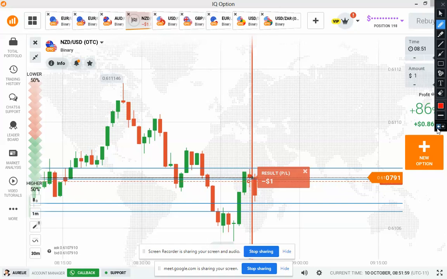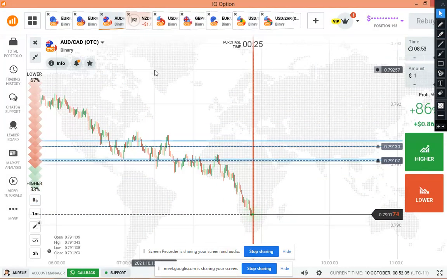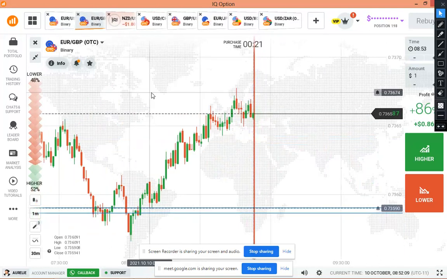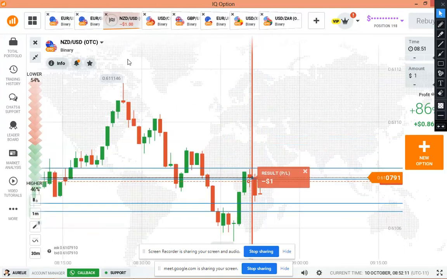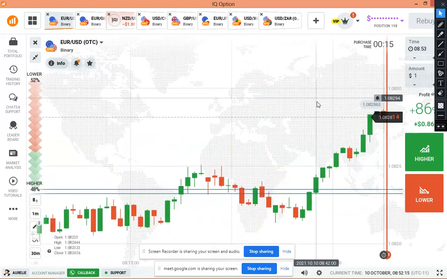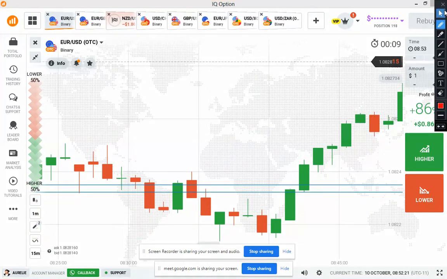Let me show you one example where the sellers did not enter. Okay, so here, see that sellers did not enter. This is a zone, but sellers did not enter.